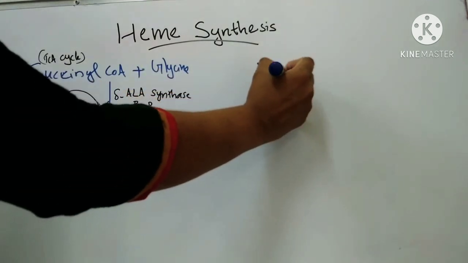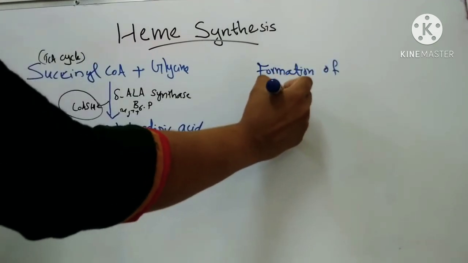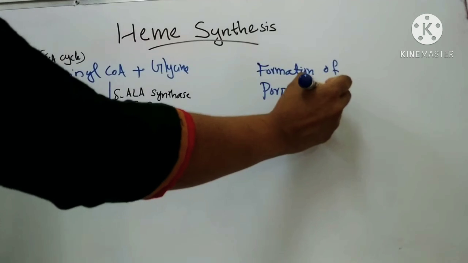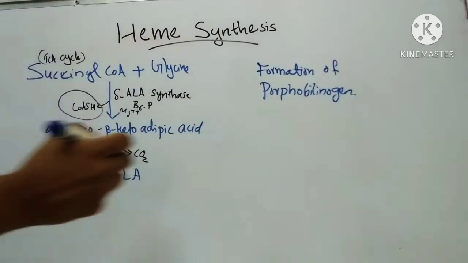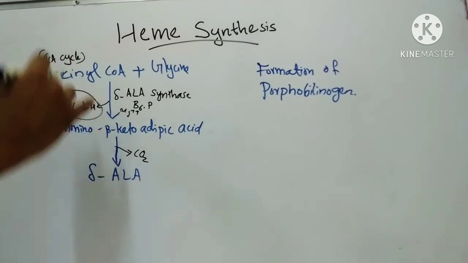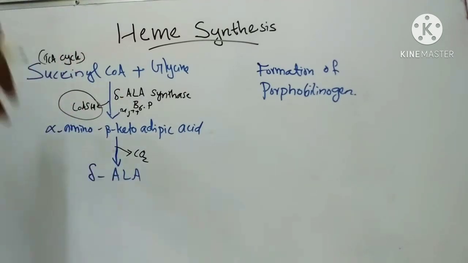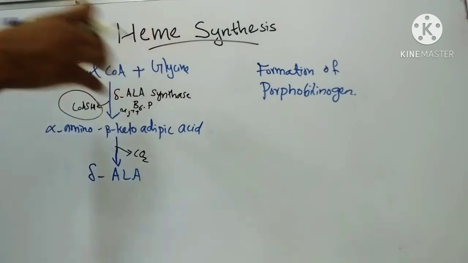So this delta amino levulinic acid comes out of the mitochondria. It is formed in the mitochondria, so it has to enter into the cytosol for further reaction.